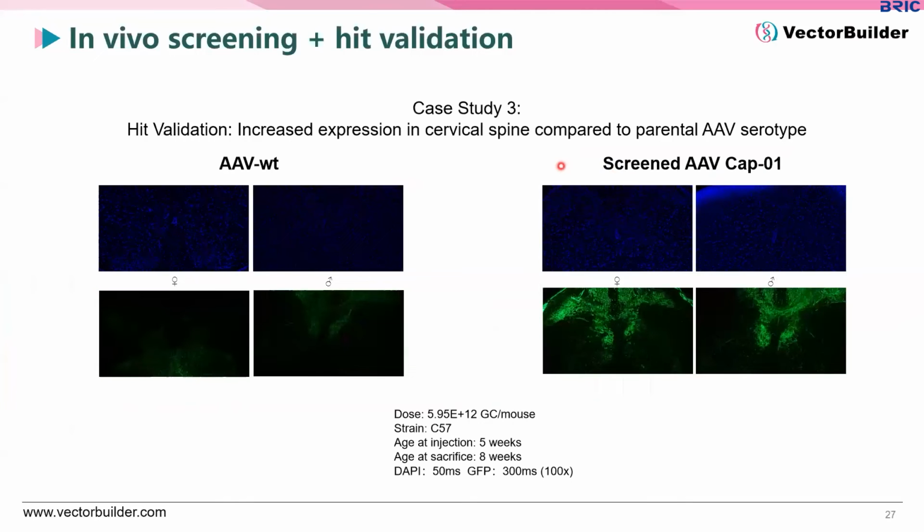And of course, there is more extensive proof that our capsid evolution is successful. In one scenario, our screened AAV top candidate compared to the wild type shows a much better protein expression, which is shown by the EGFP here.